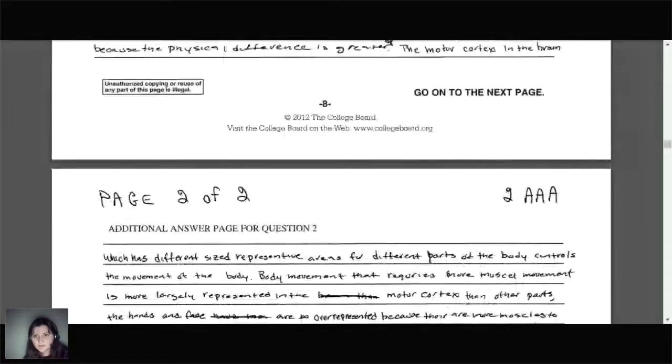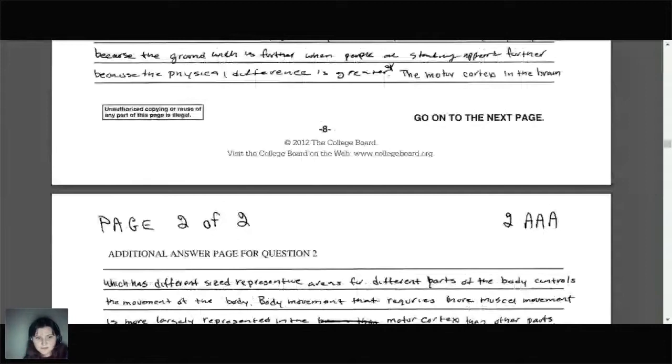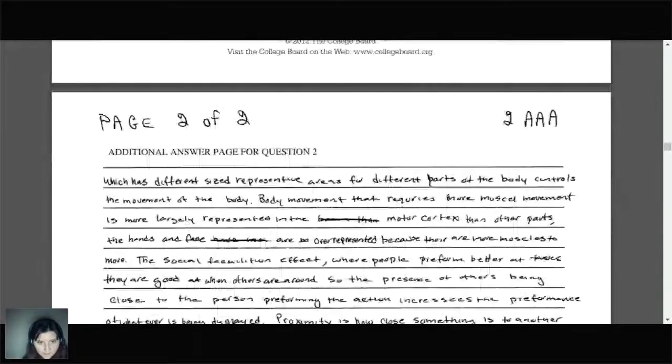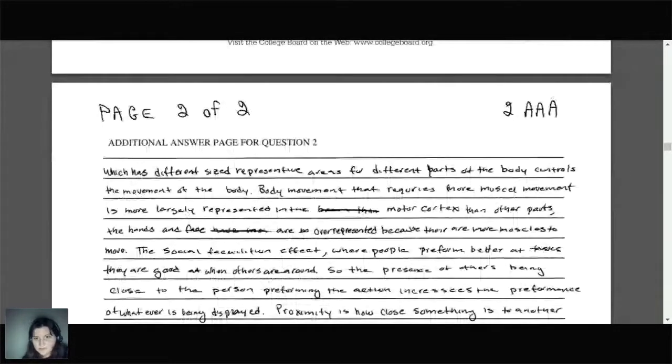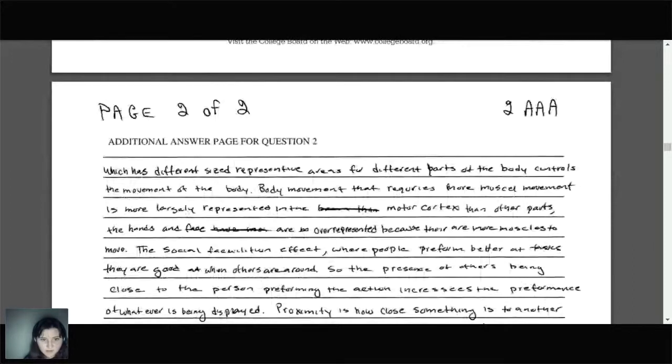The motor cortex in the brain, which has different sized representative areas for different parts of the body, controls the movement of the body. Body movement that requires more muscle movement is more largely represented in the motor cortex than other parts.